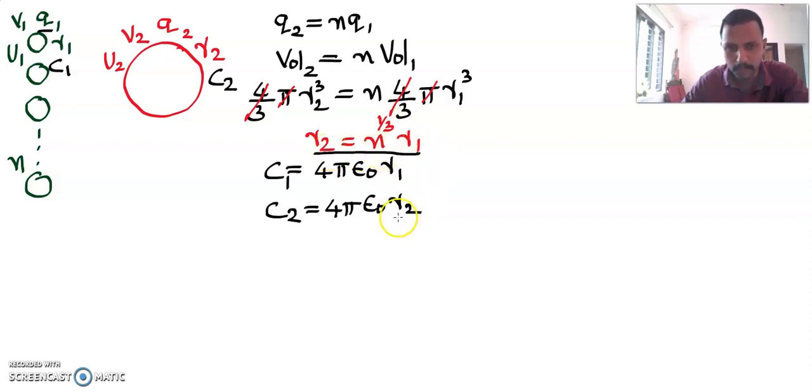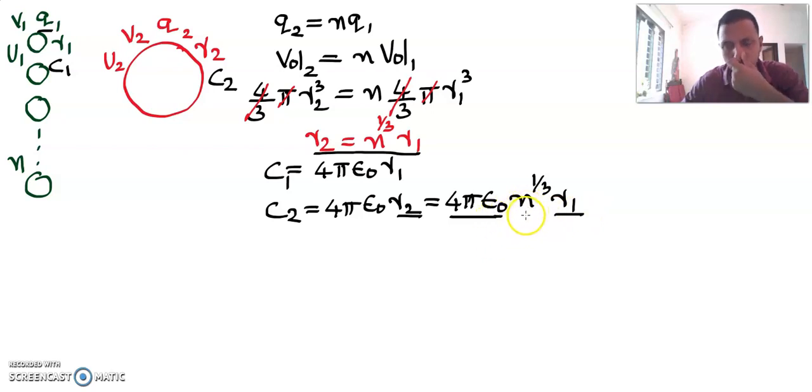Therefore, I'm going to substitute it here. I could write 4 pi epsilon 0 times n raised to 1 by 3 R1 instead of R2. Clear? And what is this 4 pi epsilon 0 R1? If we neglect the n raised to 1 by 3, the remaining term is what?